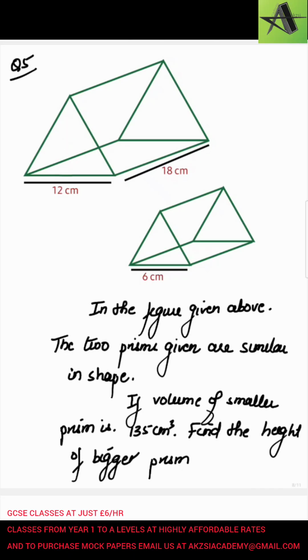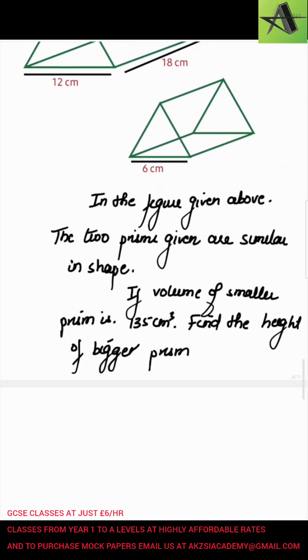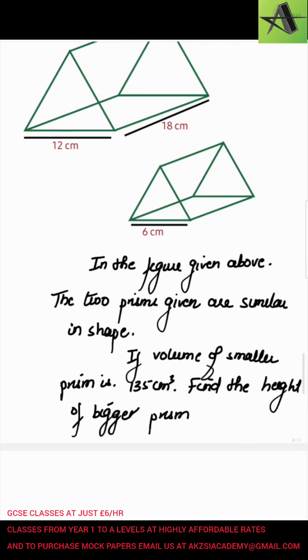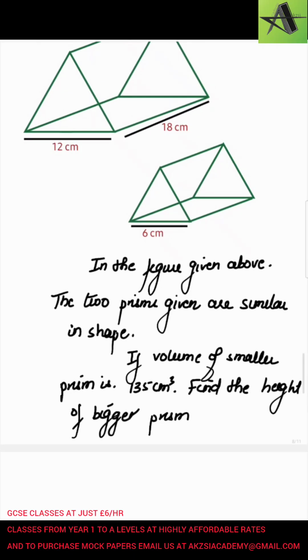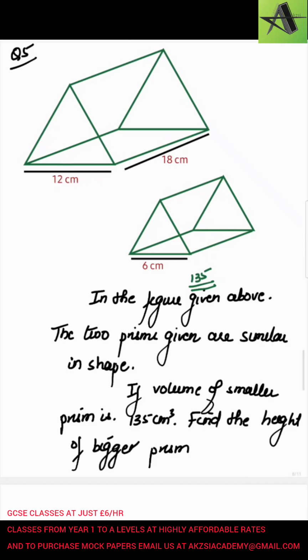That's easy. As the volume of the smaller is given as 135, I can calculate the volume of the bigger one by using the volume scale factor. Or there's another way. We can just calculate the corresponding side of this one. There are two ways.